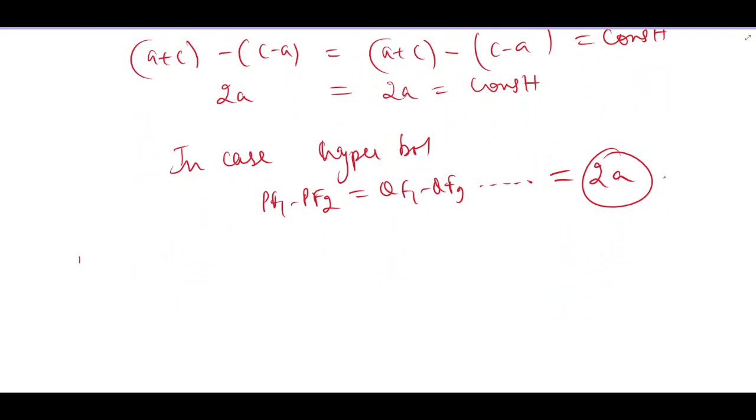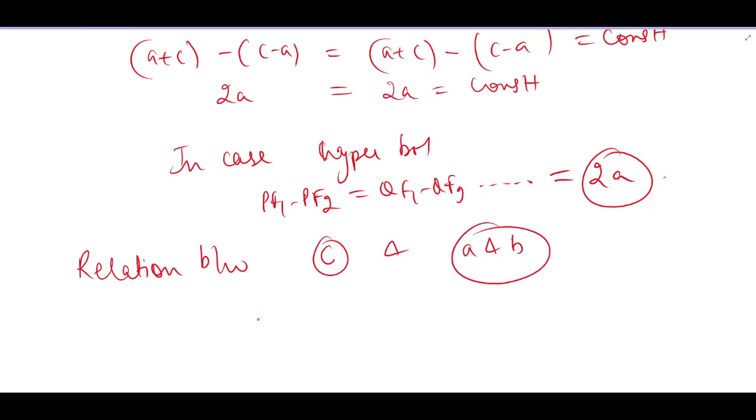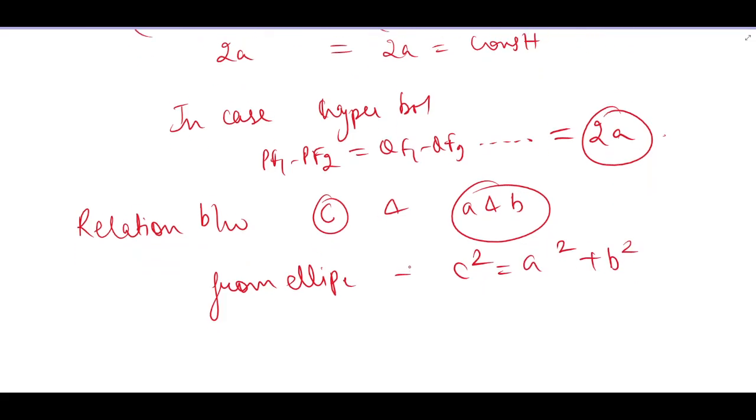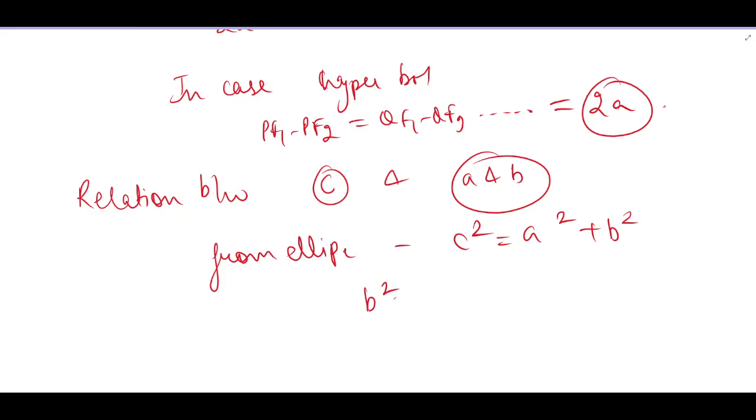Next, relation between C and A and B. So from ellipse, we have the relation C square is equal to A square plus B square, or we can write B square is equal to C square minus A square.